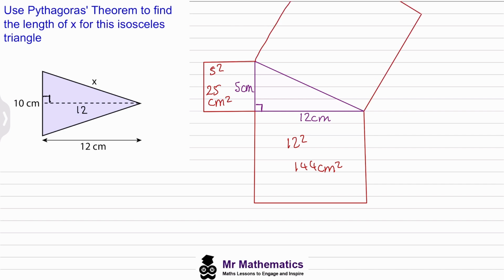So this will have an area of the 25 centimeters squared plus the 144, so the total area will be 169 centimeters squared. Now we can work out the length of this hypotenuse, or x, by taking the square root of this area, and the square root of 169 is 13. So we know that x will be equal to 13.